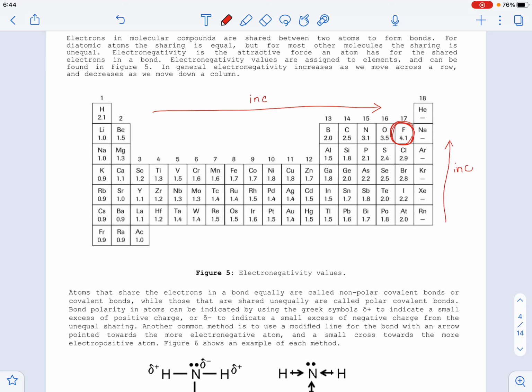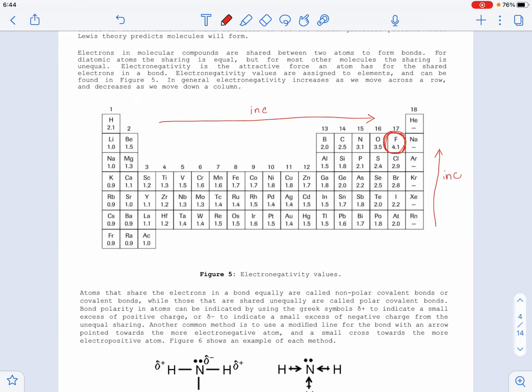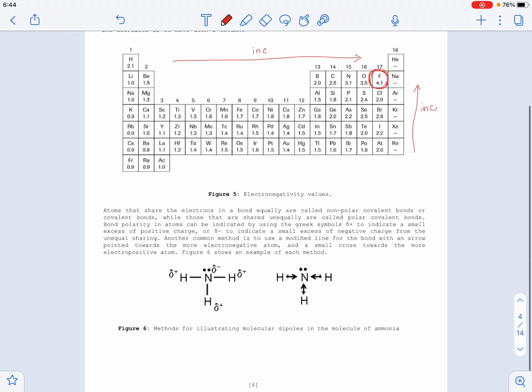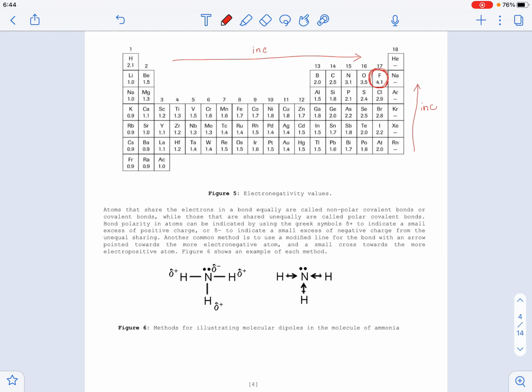But again, when it comes to electronegativity, don't memorize it. This table is provided to you in the reference list for the exam, and as you can see, it is also provided for the lab. Now, why are electronegativity values so important? Because when atoms have a difference in electronegativity, they create different types of bonds.